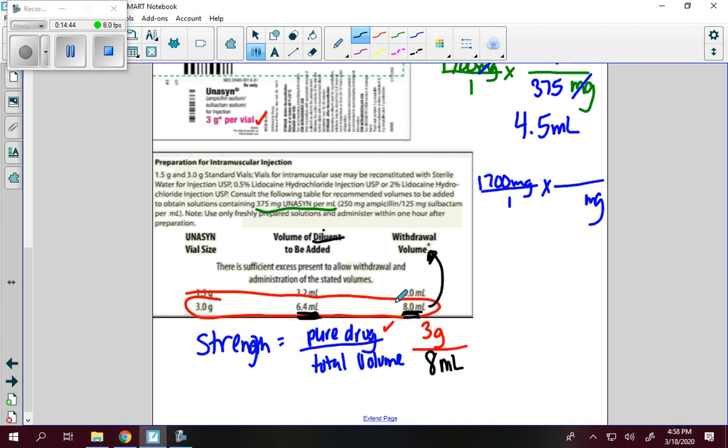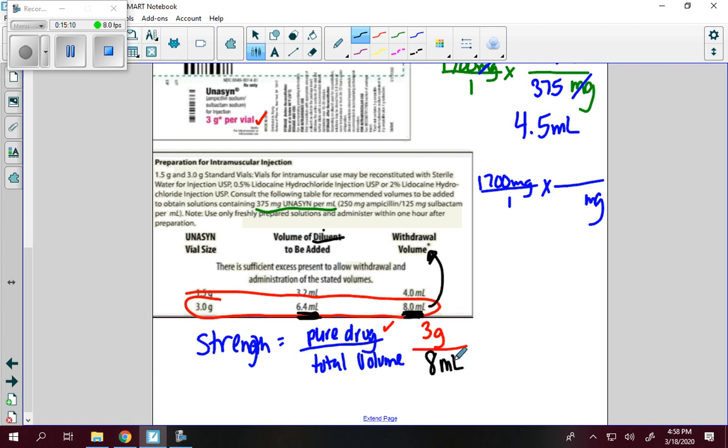It's like when you have coffee and you add sugar to it, your coffee raises by just a little bit, because of the amount of sugar that you put in it. So therefore, when you dilute medicine with like 6.4 milliliters of water, you're going to get 8 milliliters of a total withdrawal, just a little bit more to withdraw. But that makes your solution total volume 8 milliliters.